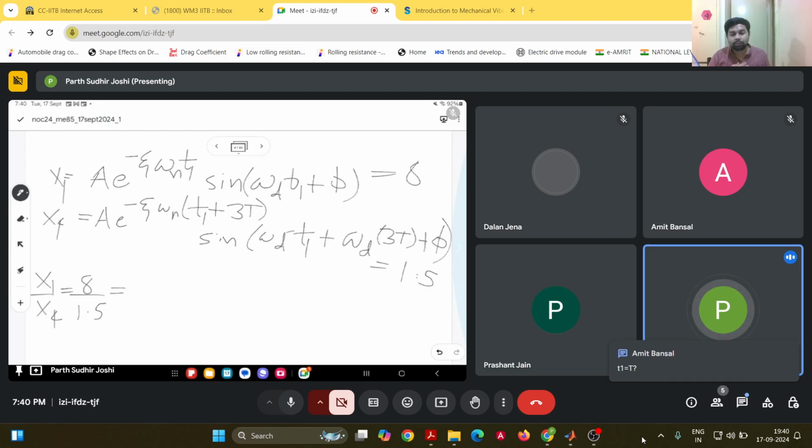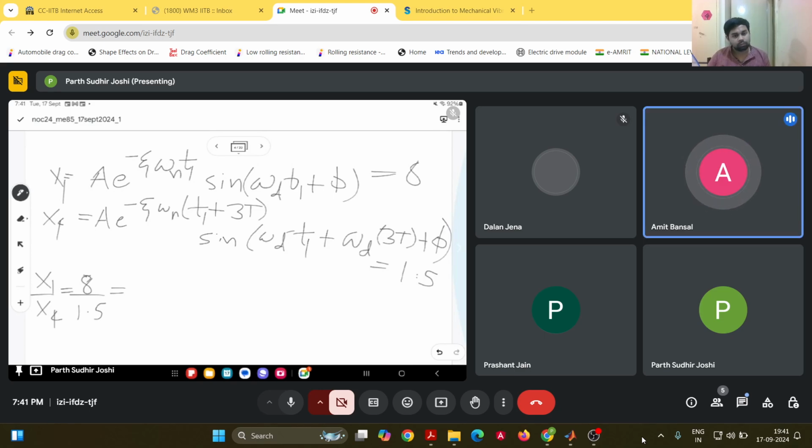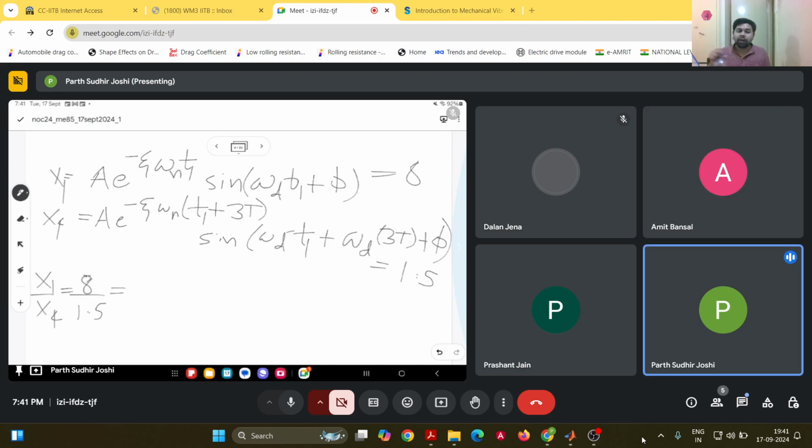Here t1 can be anything, any arbitrary point, and we measure the amplitude at that point and then take 3 cycles after that. Someone asked whether it changes the values, since 1.5 and 8 are values at particular times. They are 3 cycles apart.